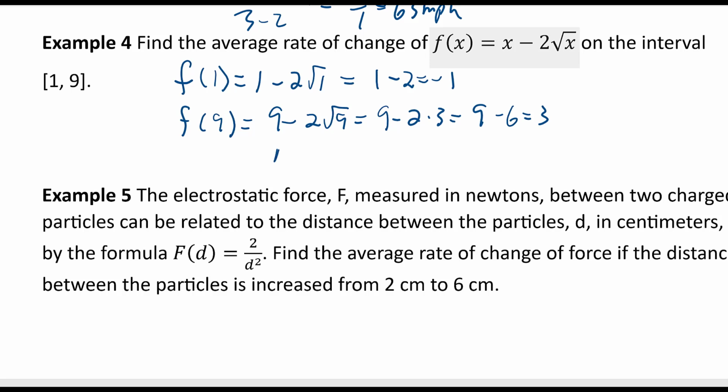So when we're looking at the delta y over delta x, I'll look at 3 minus negative 1 over 9 minus 1. That's 4 over 8, or 1/2.